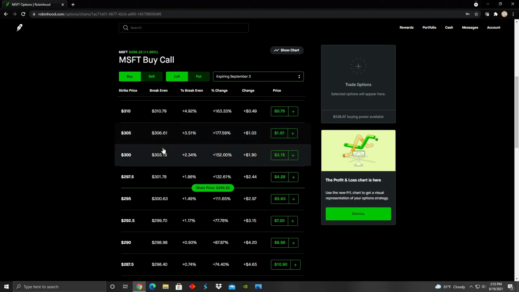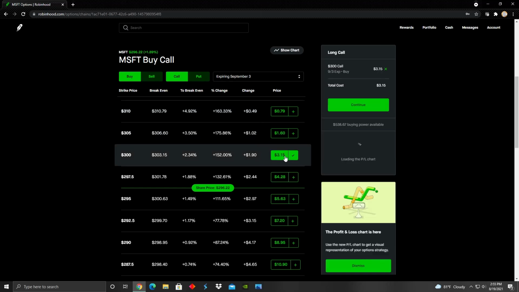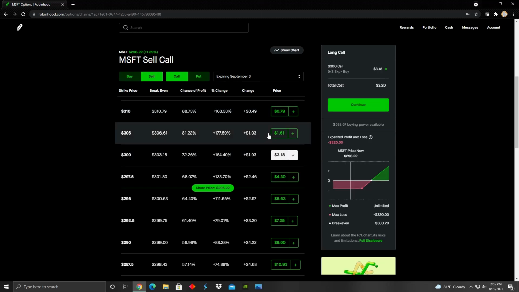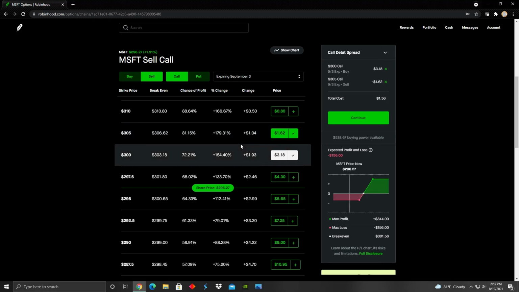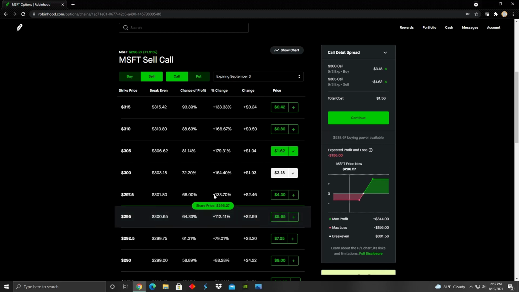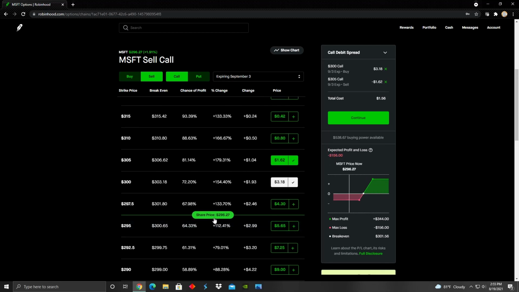We click on the 300, then click on sell, and sell the call right above it. We're spending $156 for this, and our max profit is $344. So that's a little over a 100% return if the share price of Microsoft, which is right now at 296, is above $305 by September 3rd.